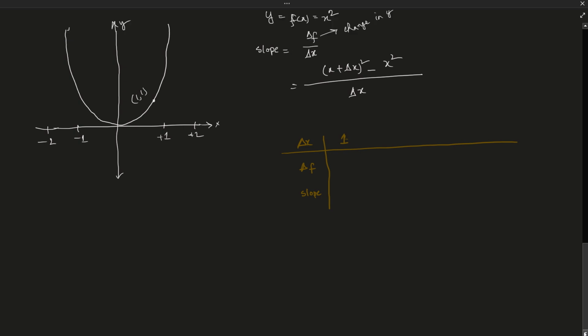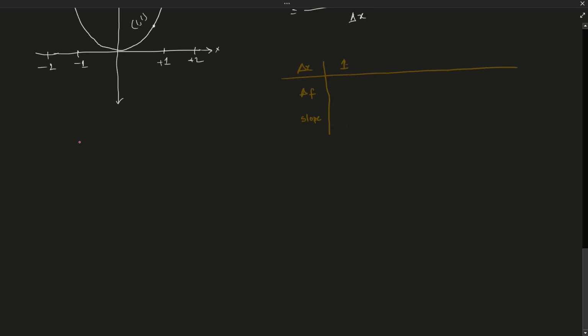Suppose we have this line and it goes like this, and we have a point here, 1 comma 1, and suppose we have a point here, 2 comma 4. So this is an interval of length 1 horizontally. This is our del x, which I have calculated, suppose it's 1, and this is our del f.